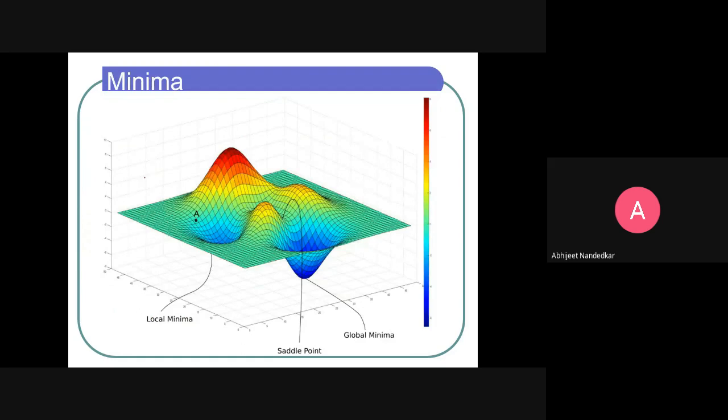Now when you look at, say, the energy of a system, you can find three things. One is local minima, the other one is global minima, and the third is a saddle point. Global minima is this point in this diagram where your energy is minimum in a global sense. So there is no other point of my system which is lower than this point.